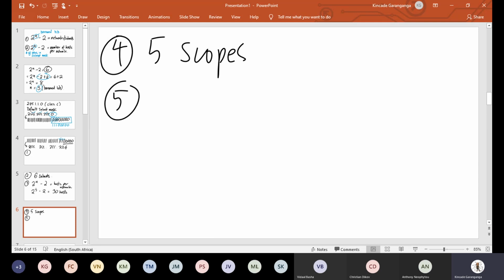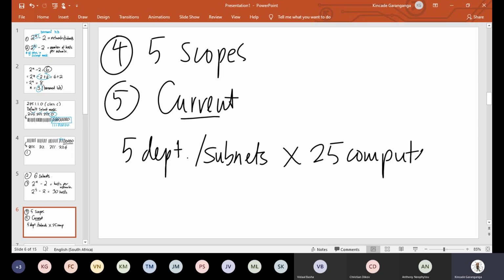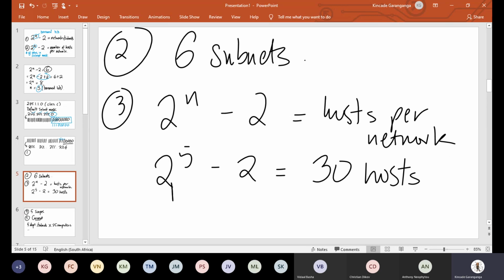So currently, remember, we've got 5 departments, which are also the 5 subnets or networks. And then we've got 25 computers per department or subnet. So what that typically means now is that currently we've got, apologies there.